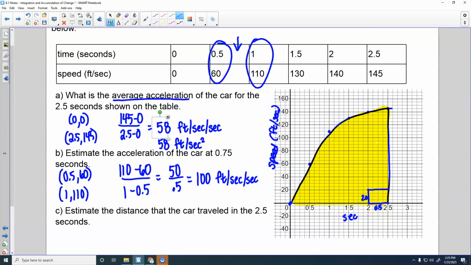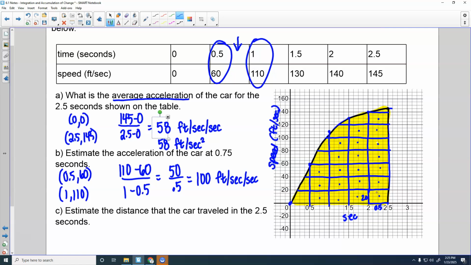So your scale on your axes makes a big difference here. If we're thinking about those major grid lines here, each one of those boxes is worth 10. So if we drew in those major grid lines here, we got 1, 2, 3, 4, 5, 6, 7, 8, 9, 10, 11, 12, 13, 14, 15, 16, 17, 18, 19, 20, 21.